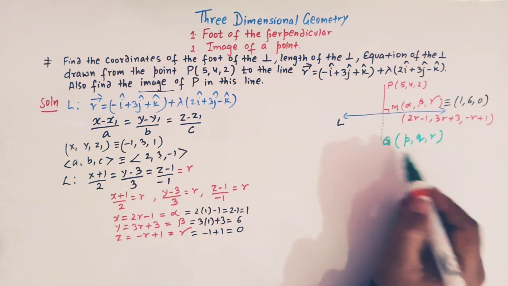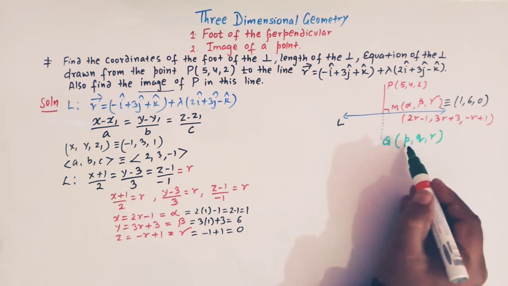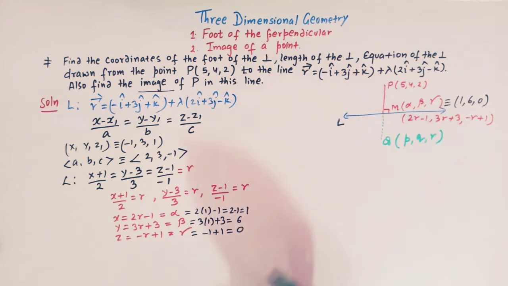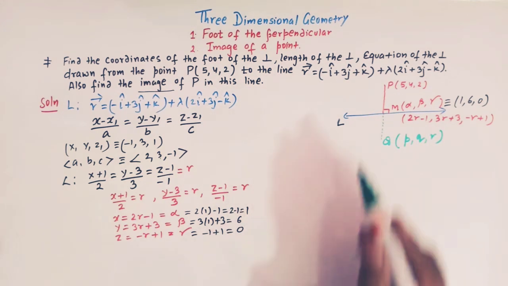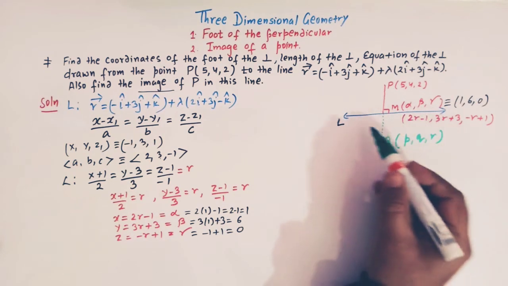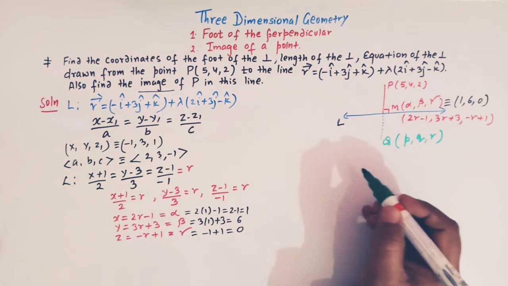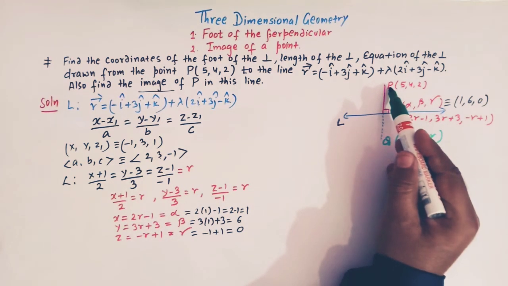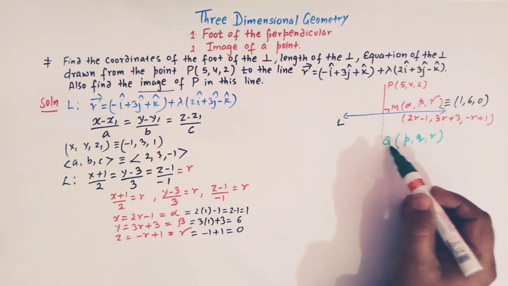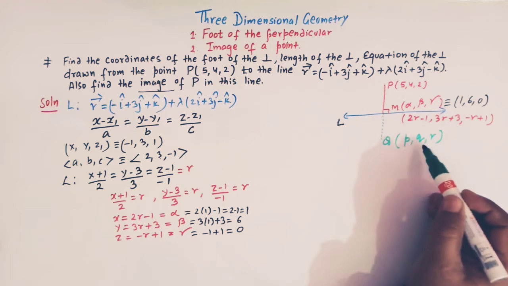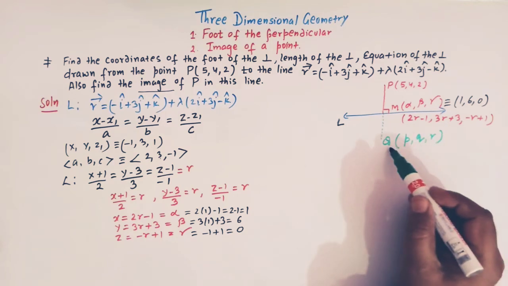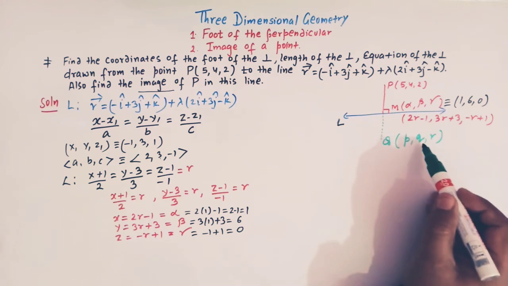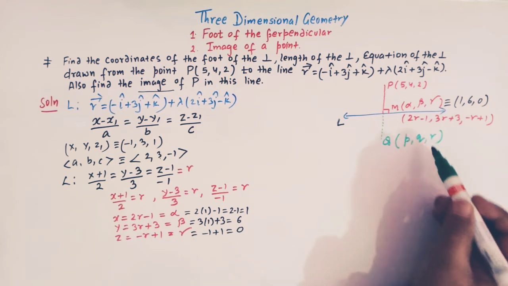And if we take this point Q as p, q and r, right? So the coordinates of this point Q can be taken as p, q, r, and Q is the image of this point P. So here this line L will act as a mirror, right? So the image of this point P is Q, whose coordinates are p, q, r, and we have to find the values of p, q and r, right?